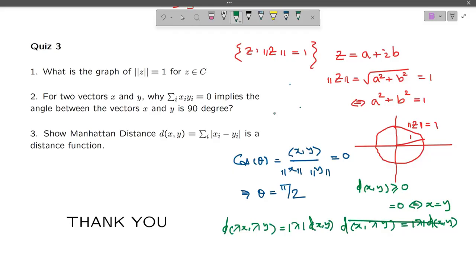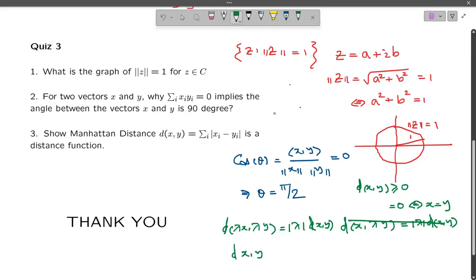This is incorrect. This is the homogeneity. Homogeneity applies for the norm.